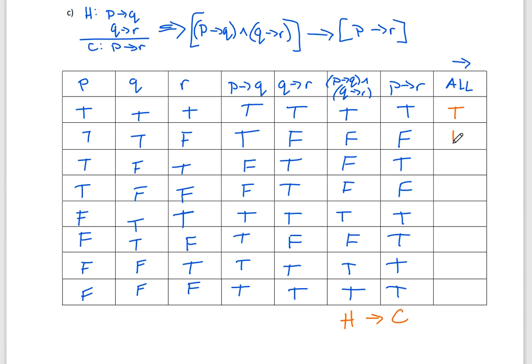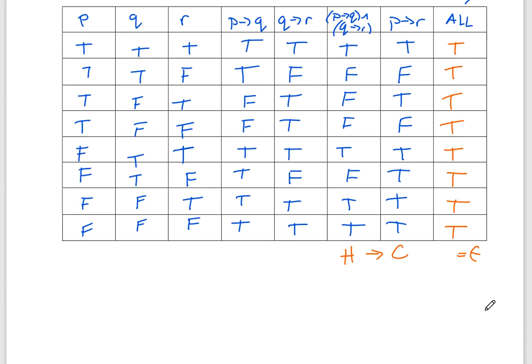False implies false gives me a true. False implies true gives me a true. False implies false gives me a true. True implies true. False implies true. True implies true. True implies true. So I get that tautology, which means that here we have a valid argument.